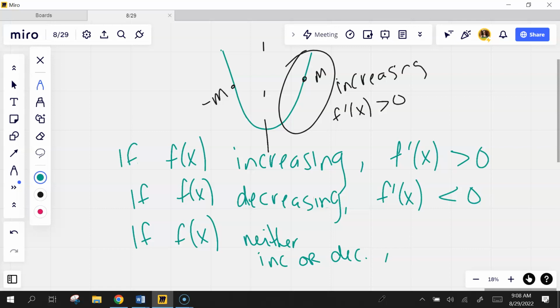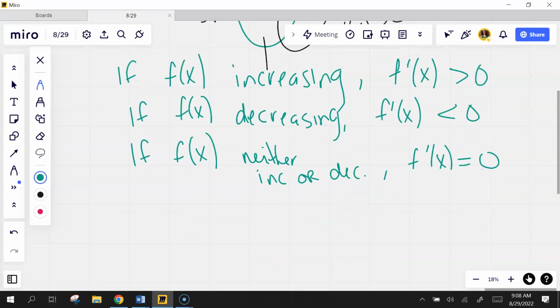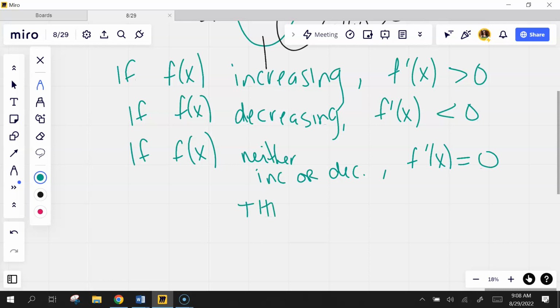It's flat or it's a turning point. Turning points happen at maxes and mins, right? I stop increasing and start decreasing. That point where that happens, that's when my derivative is 0. I'm going to put here think max, min, vertex, things like that.